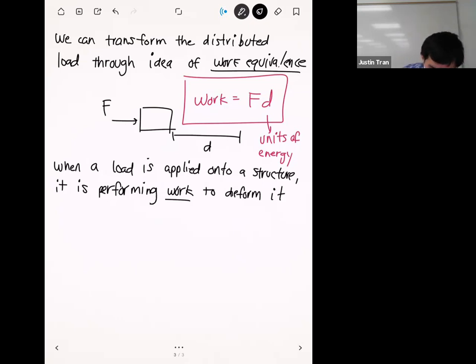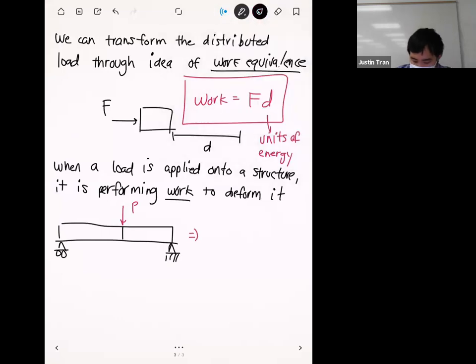Let's say that we have our beam. I'm going to do a simple beam this time. Let's say that we just do a single node in the middle, and we apply an external load here. So let's say that we apply a nodal load P, and that gets the beam to kind of cave inwards on itself. This is heavily exaggerated, of course, but I exaggerated just to highlight this.